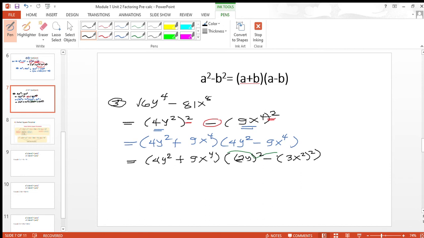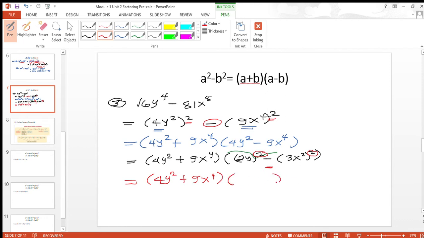So the second expression is again classified as a difference of two squares. Therefore, we just copy the first factor, that's 4y squared plus 9x to the fourth. We do not have a rule that is called a sum of two squares. We only have the difference of two squares.